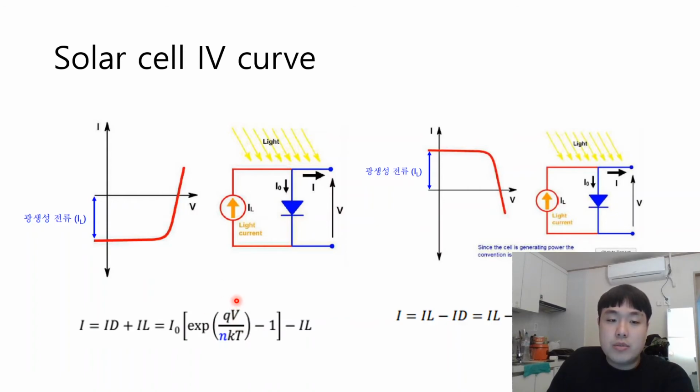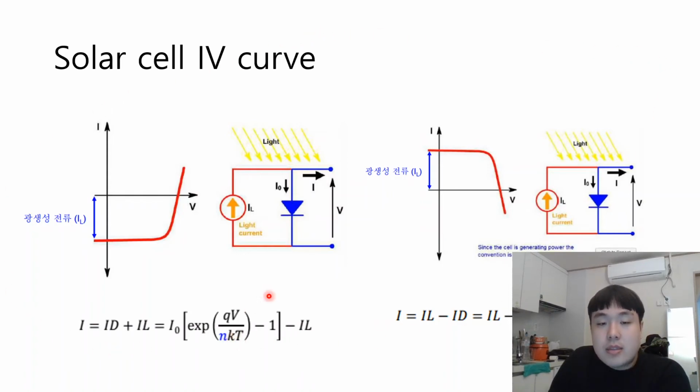The ideality factor means that when we operate the solar cell and shine the light at the diode, we can evaluate the solar cell operating system when we calculate this formula. That means how much the solar cell operates like the ideal case.